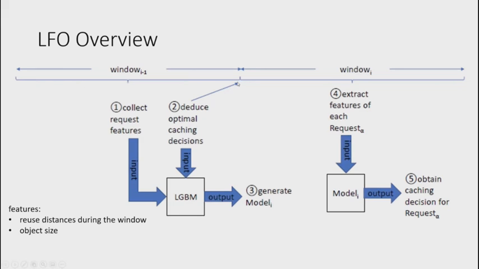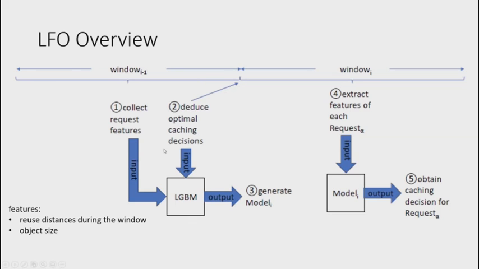At the end of the window, given the information of all the requests that have arrived during the window, LFO makes the optimal decision, to decide, if time can go back, what would be the best decision that I would have made.